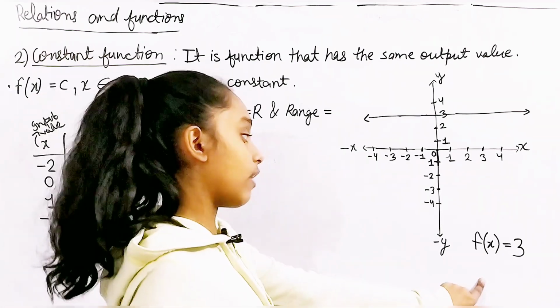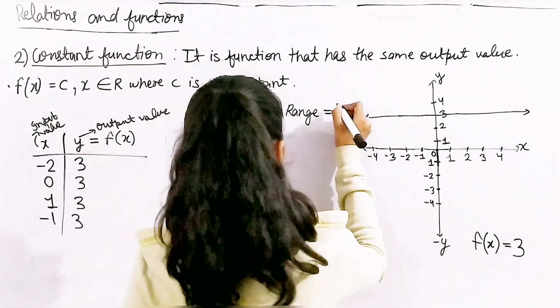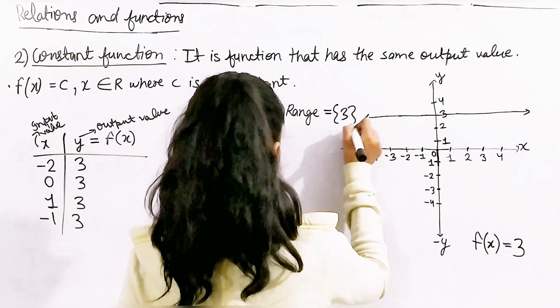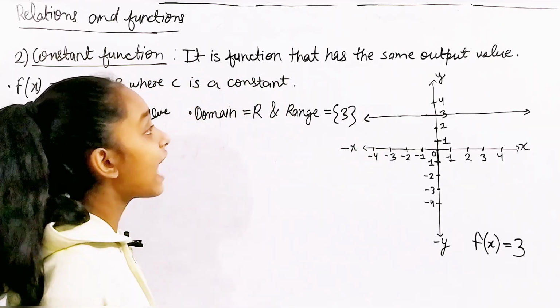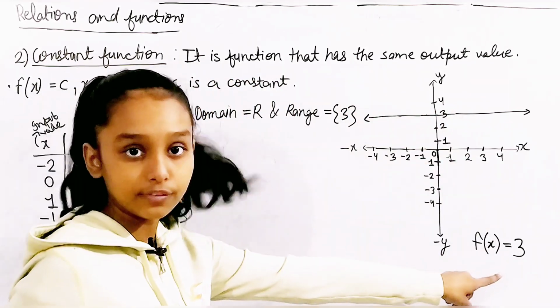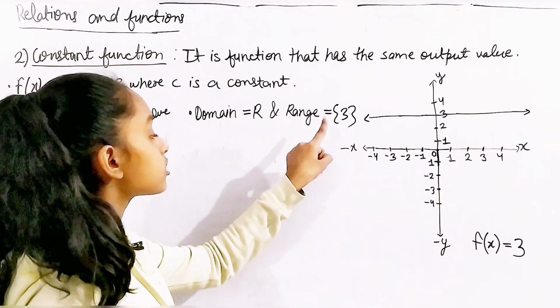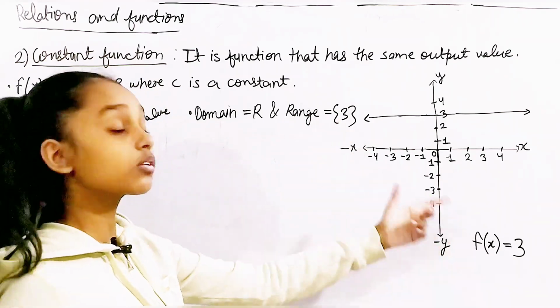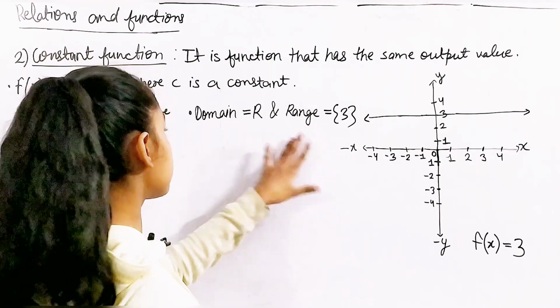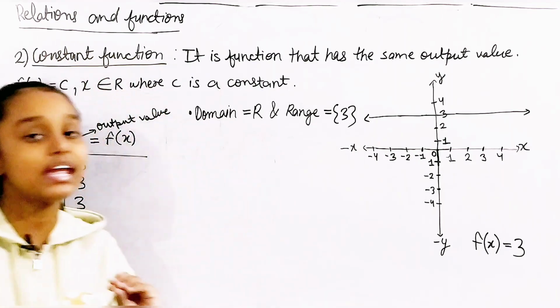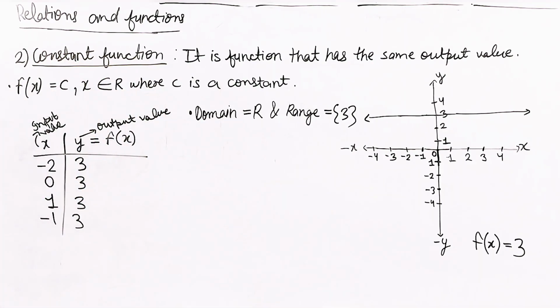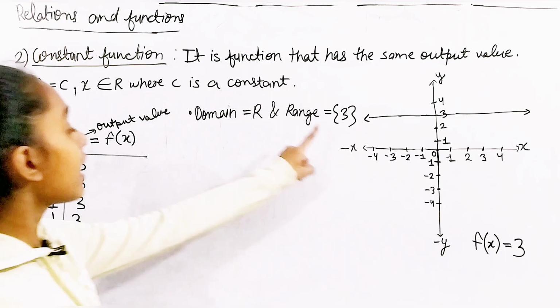According to this graph, range is only going to be 3, as we already have an output value. That's fixed. But the domain can be any real number.